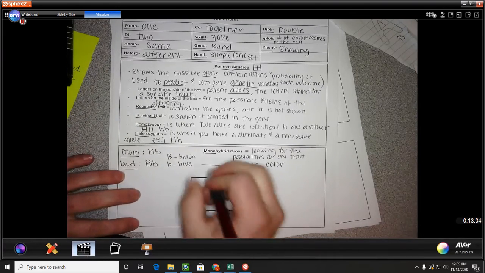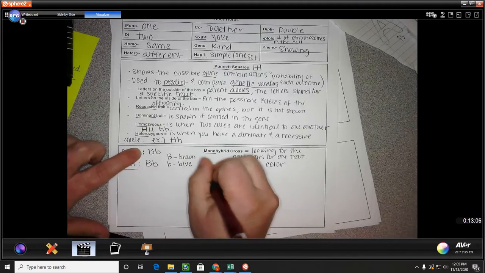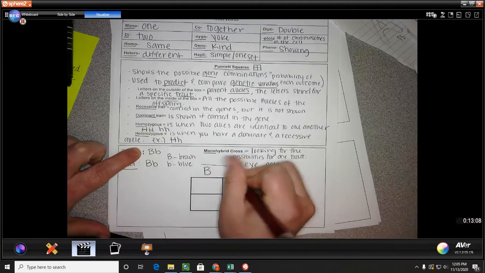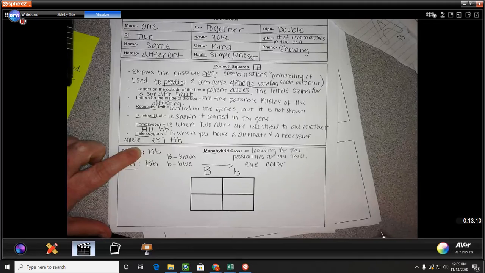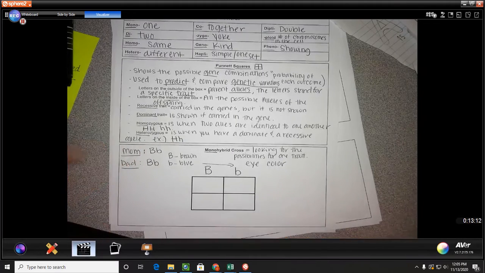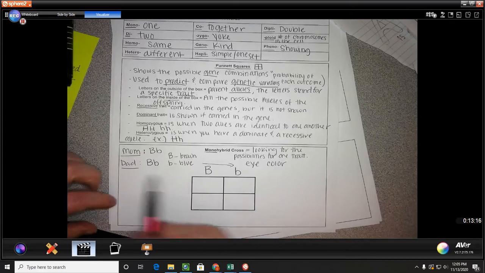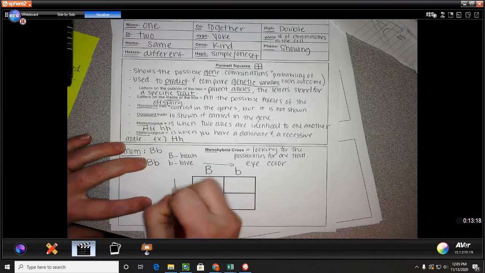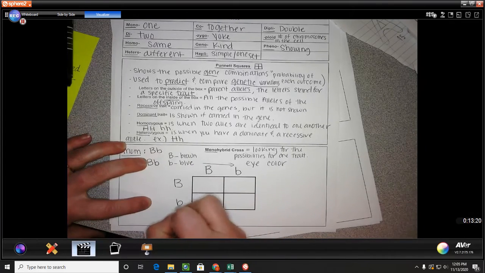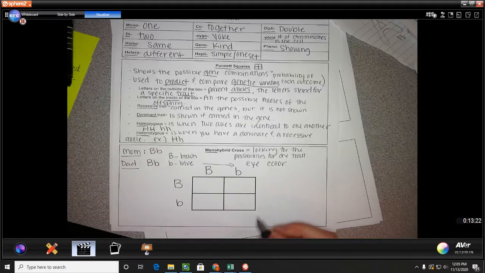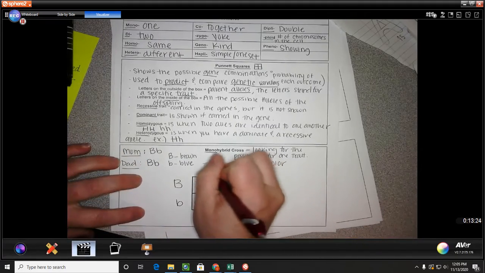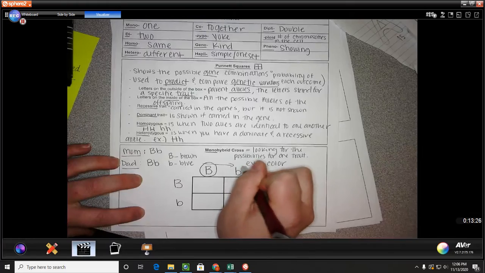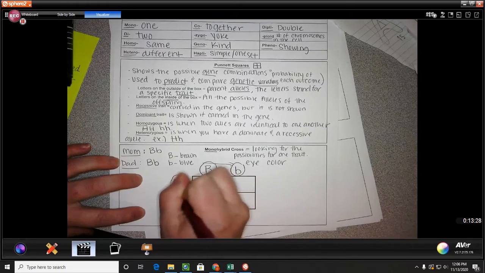So mom is big B and little b. Those are her two letters. That's all she can give, at least for eye color. Dad is also big B, little b. So mom has eggs and dad has a sperm.